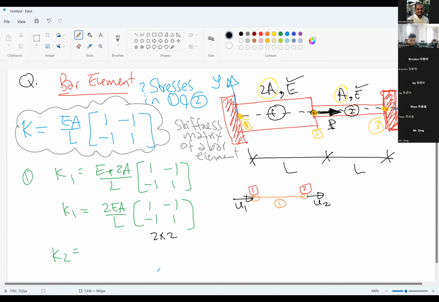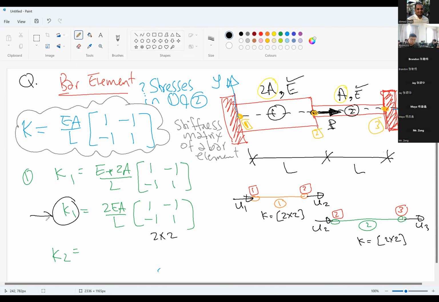For member 2, we have node 2, node 3, and we have U2 and U3. So the stiffness matrix for this member is 2 by 2 because we have 2 degrees of freedom. So now we have constructed the stiffness matrix for member 1.